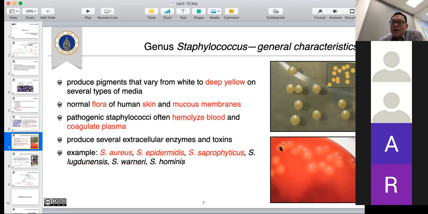clump the plasma. Do you know what plasma means? You learned immunology, still remember? Plasma and serum. Blood serum. How are they different? Serum, when you draw blood from a human, the blood starts clotting if you do nothing, okay?